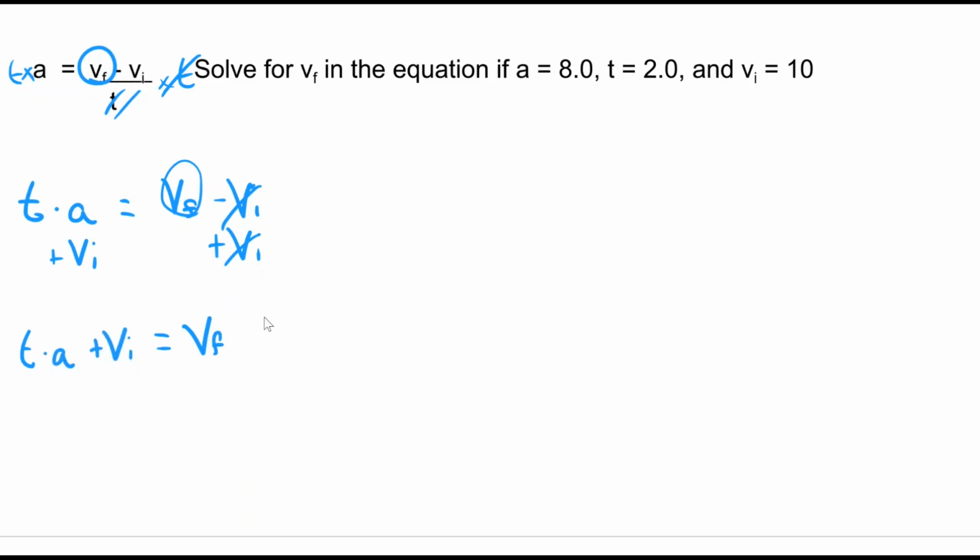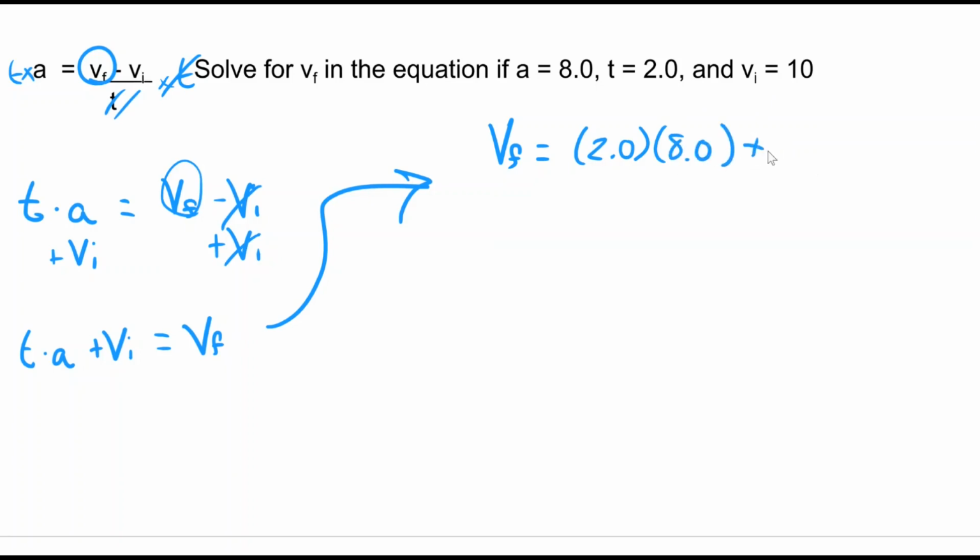You should be able to plug in the additional information here. vf is equal to t times a plus vi: t is 2.0, a is 8.0, and I'm adding vi, which is 10. 2 times 8 is 16, 16 plus 10 is 26. And I've got 2 significant digits, so I'm happy with that.